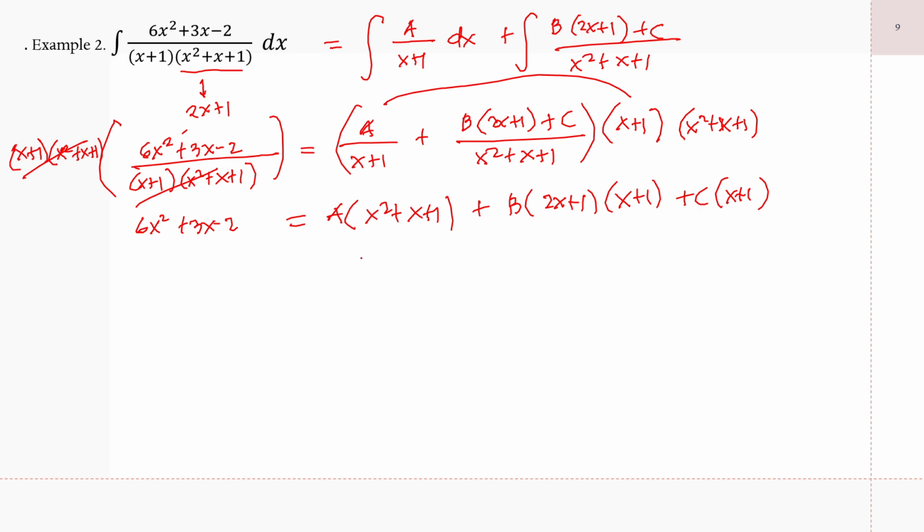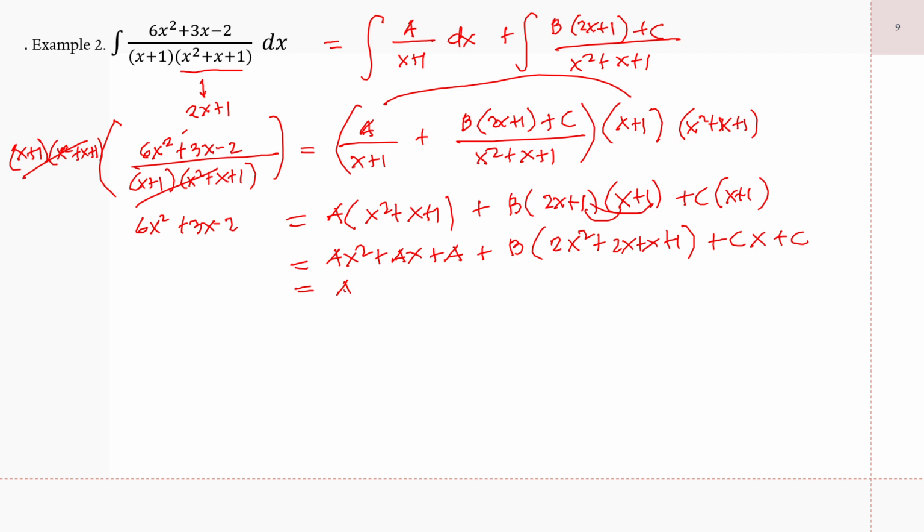Then expand this one. So this is ax squared plus ax plus a. We have to expand first, so this will become 2x squared plus 2x plus x plus 1, plus cx plus c.